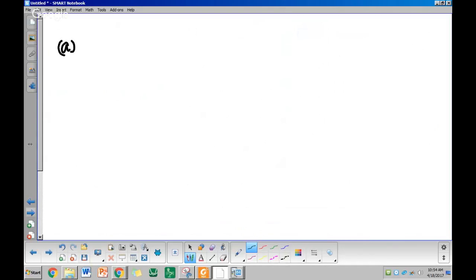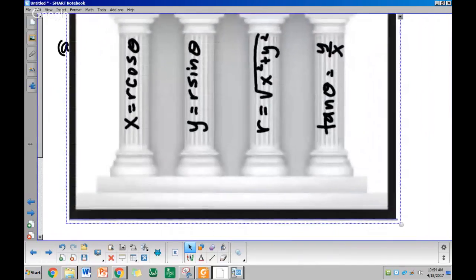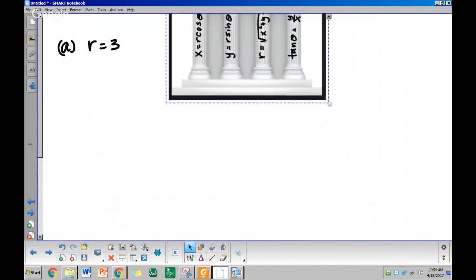Let's say I have R equals 3, and I want to convert that equation to rectangular form. What does R equal? 3. Yes, it does equal 3. Square root of x squared plus y squared. Pillars of polars.